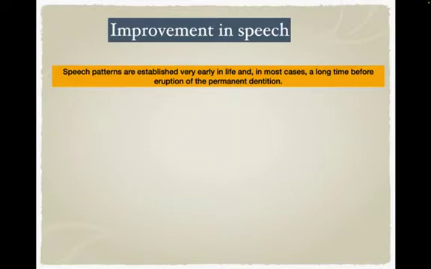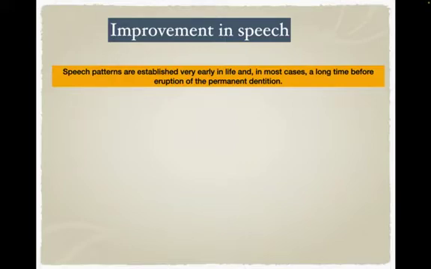What about speech? Can malocclusion cause speech problems so that orthodontic treatment will solve this problem? Now, to understand this point, you need to think about when speech develops. Speech develops very early. The kids start talking when they are 2 years.